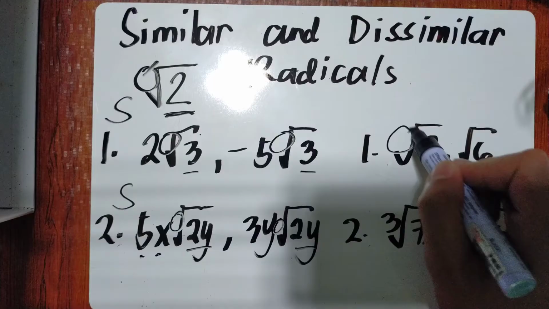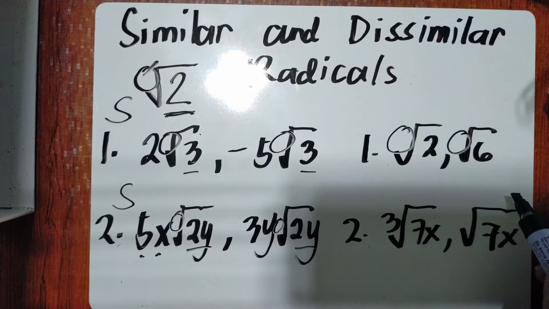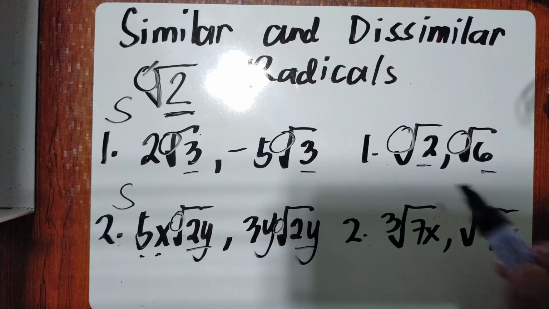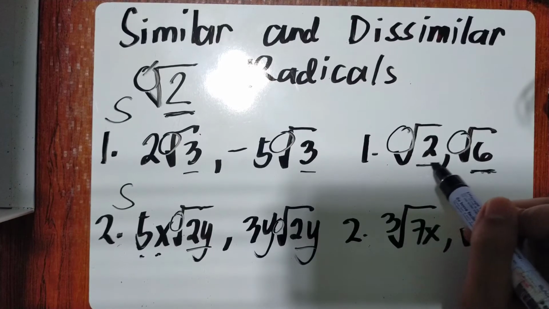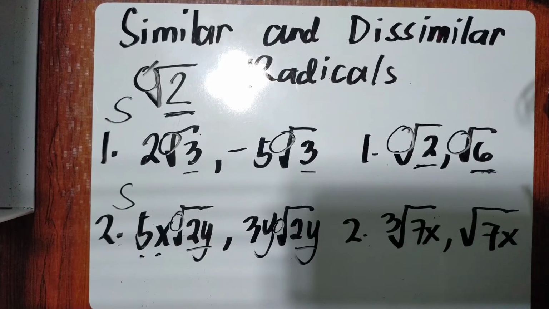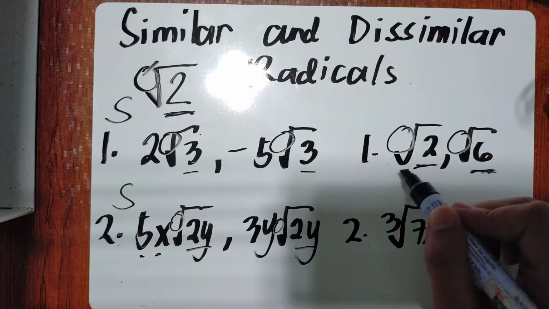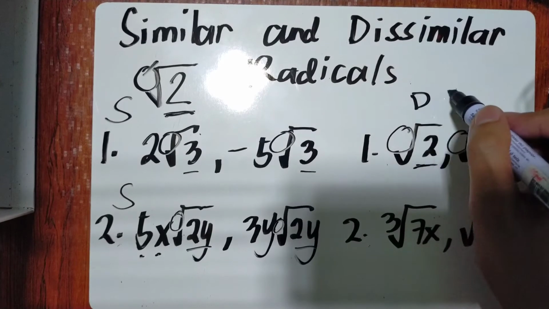They are both having the same indices as 2. Pero yung radicand nila, hindi, which is 2 and 6. So, magkaiba. And we cannot do anything about this kasi naka-simplified form na sila. Ito na yung pinakamababang form na pwede natin makuha dito. So, therefore, number 1 example here is dissimilar.